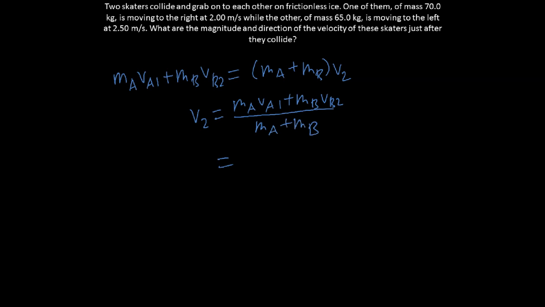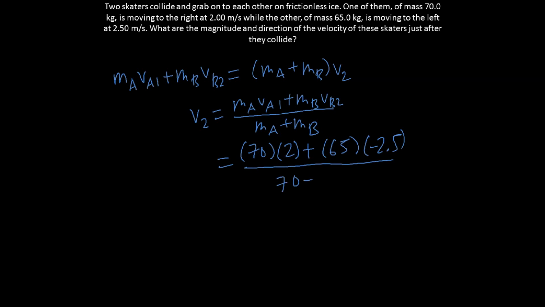Now we need to substitute these values. So MA is 70 kilograms, VA1 is positive 2, MB is 65 kilograms. However, since it is moving to the left, and this is a vector quantity by the way, the 2.50 meters per second here will be negative 2.5, divided by 70 plus 65.